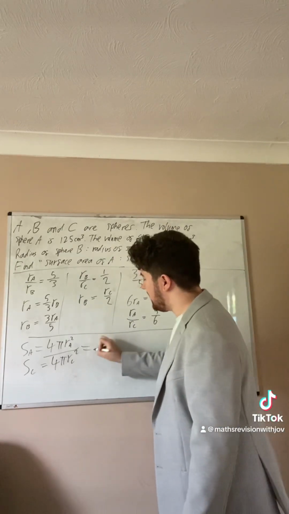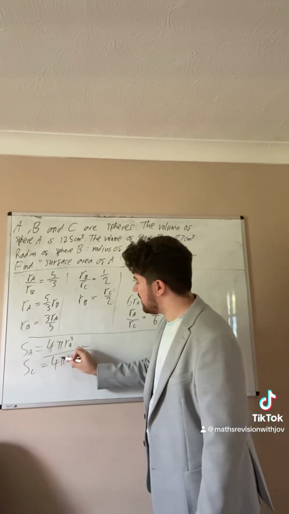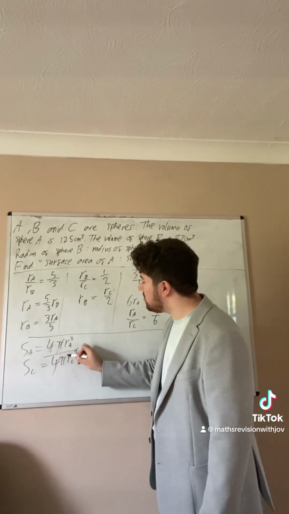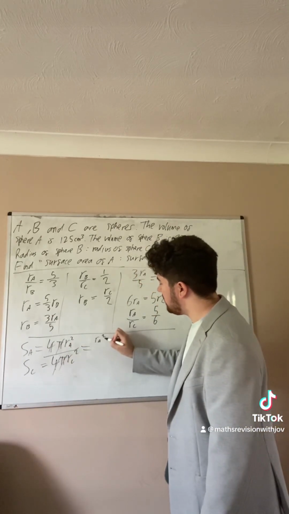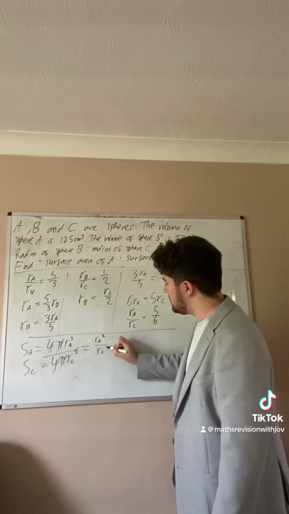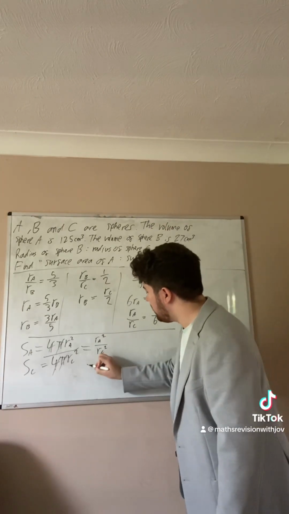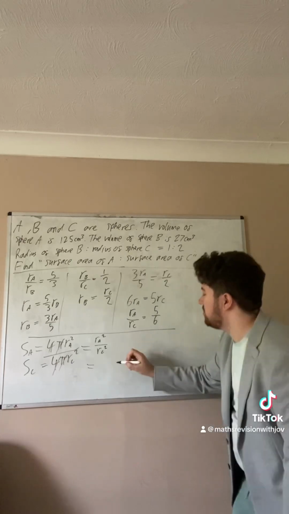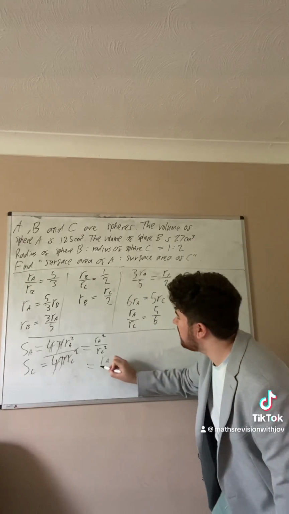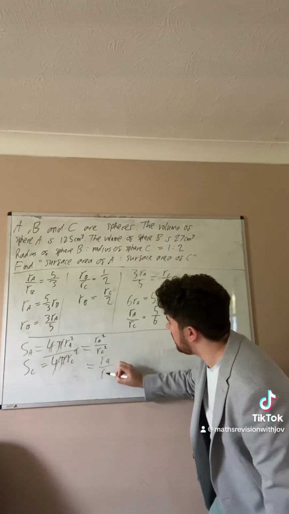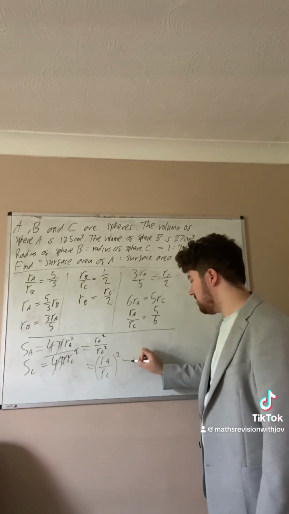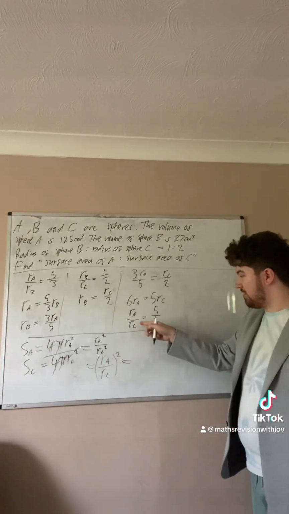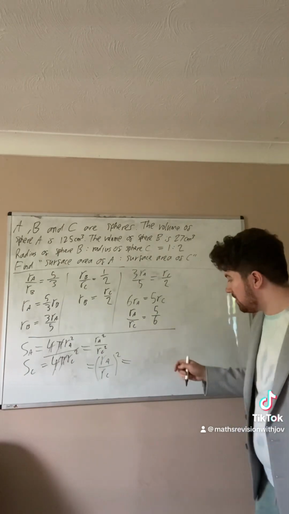We actually get that the 4's cancel and the pi's cancel. So we're just left with RA squared divided by RC squared. This is just equal to RA divided by RC all squared. But we've found RA divided by RC already.